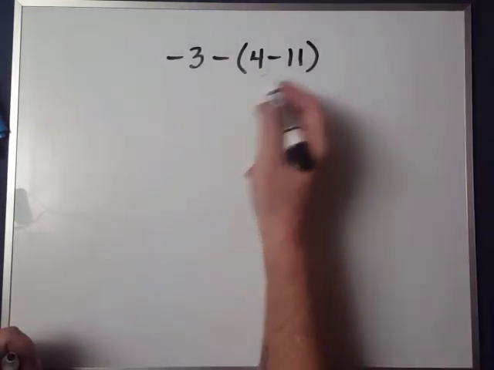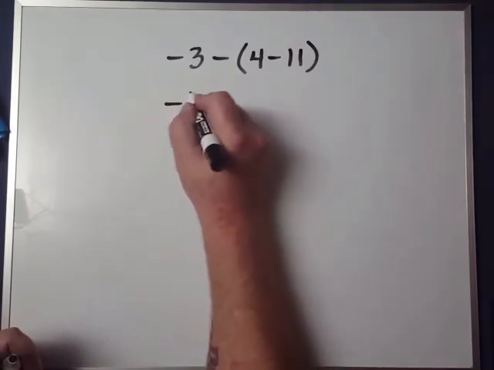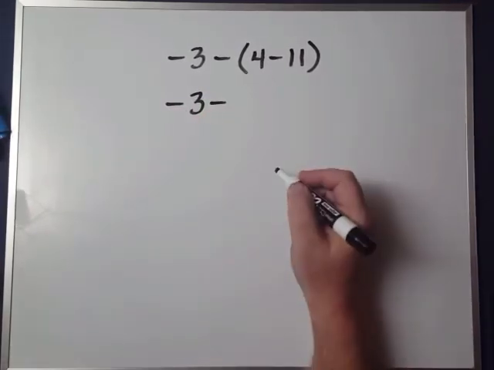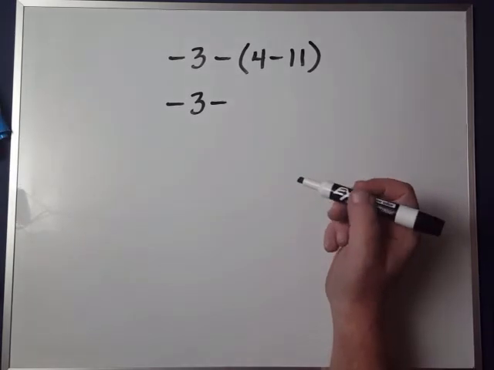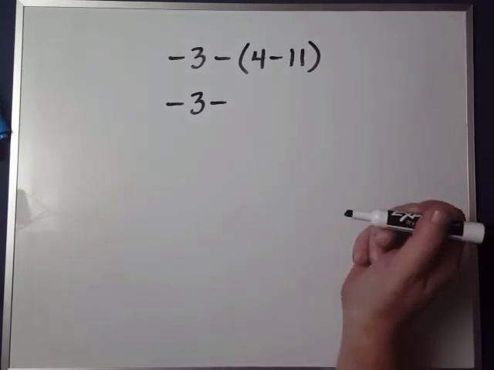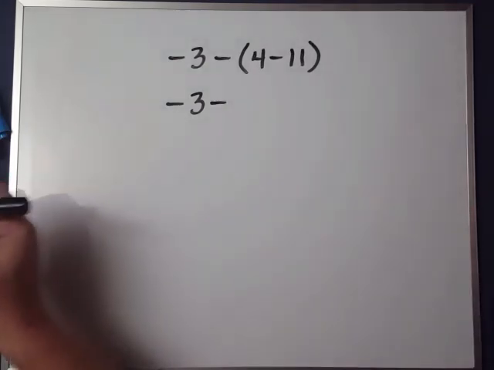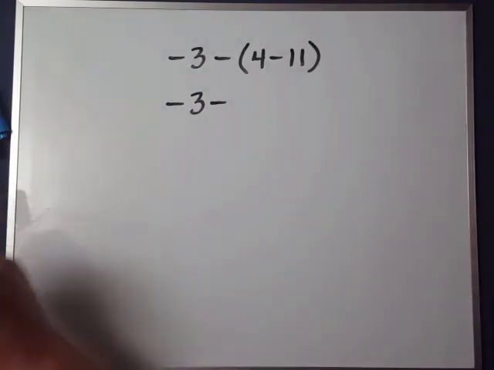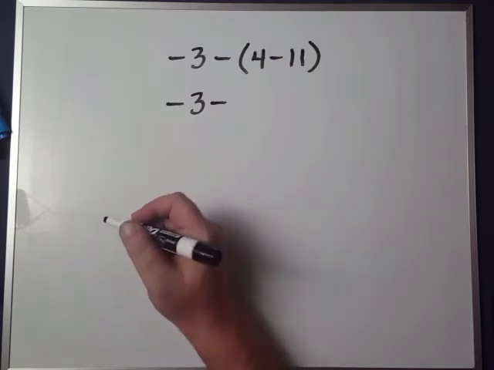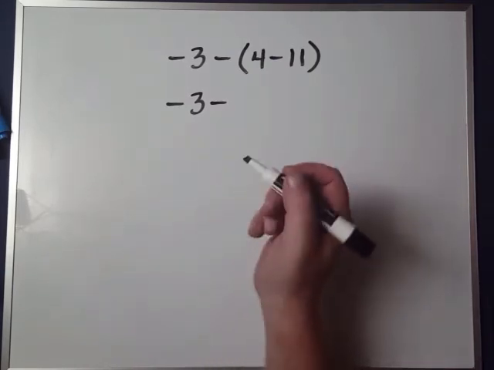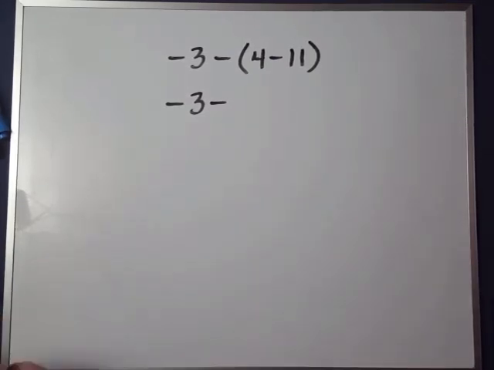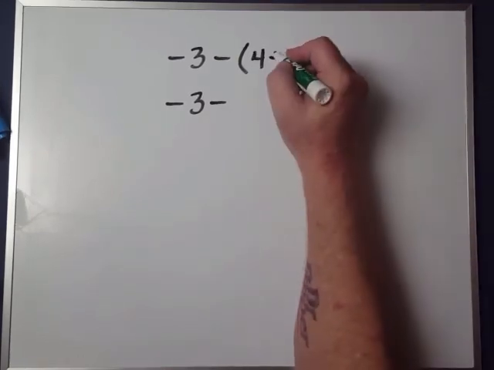Inside the grouping symbols, we have 4 minus 11. Now, you may look at that and say, if I have positive 4 in the positive direction, and I subtract 11 from that, I take off 11, I head in the negative direction, where am I going to land? Negative 7. And if that's not working for you, you can always do what? Make 2 marks.